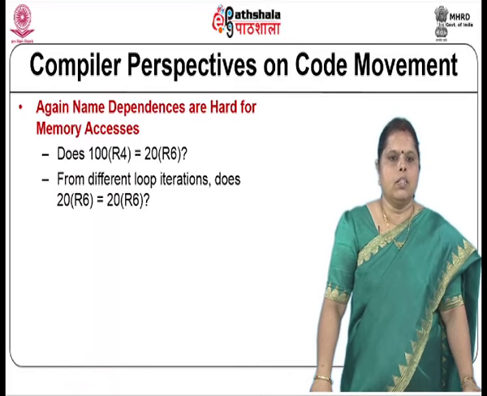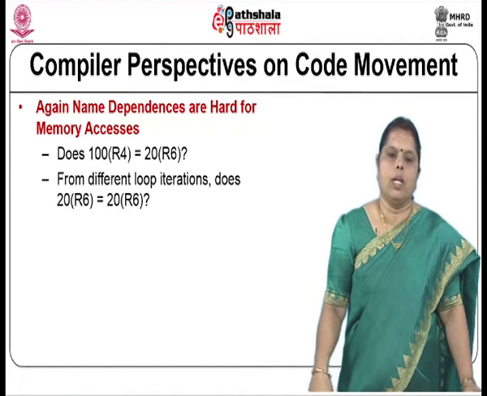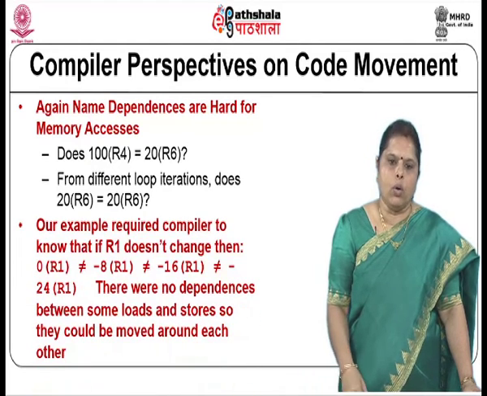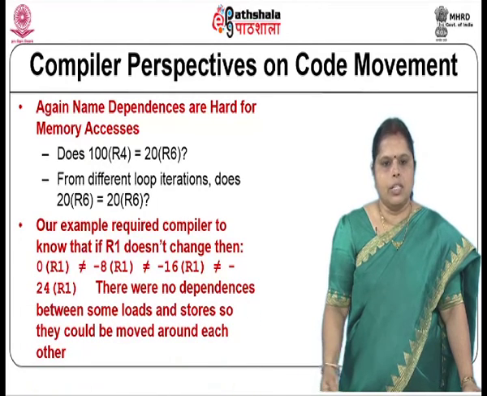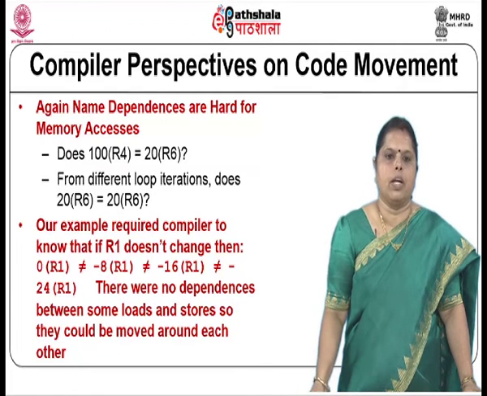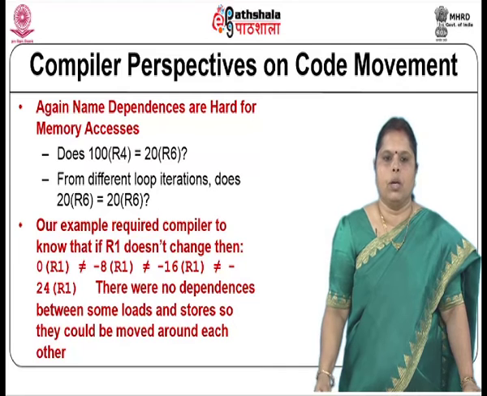Again, name dependencies are hard for memory accesses. How do we know that these two memory locations refer to the same location? In that case you will have to calculate these addresses and check whether they refer to the same effective address. Only then can you decide whether it is possible to shift them around or not.